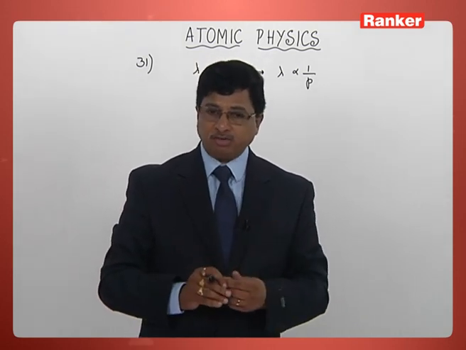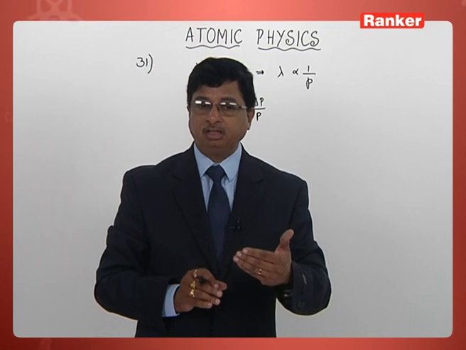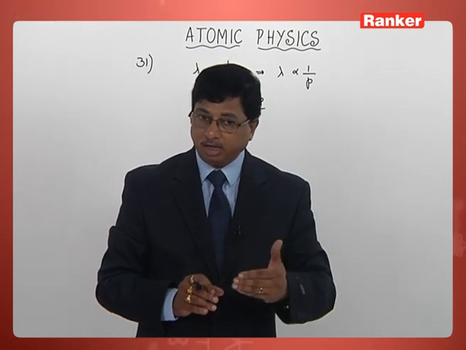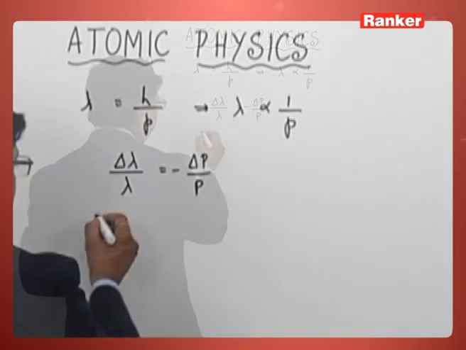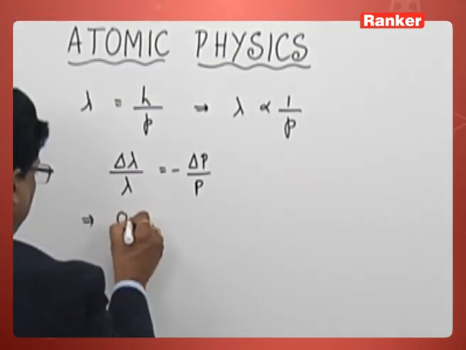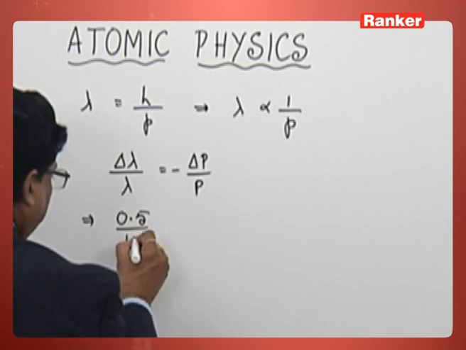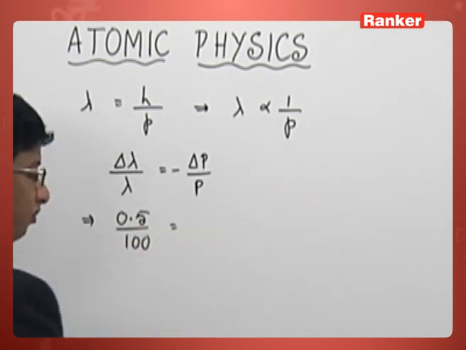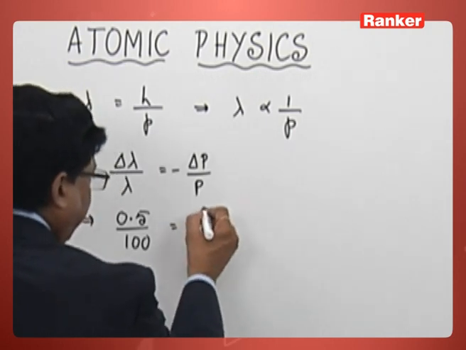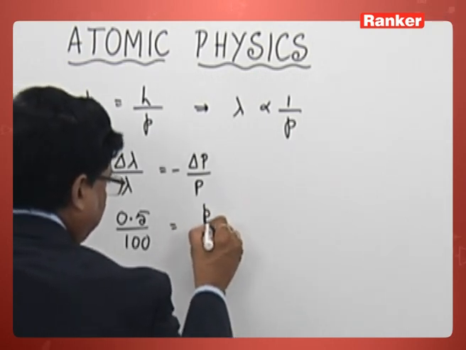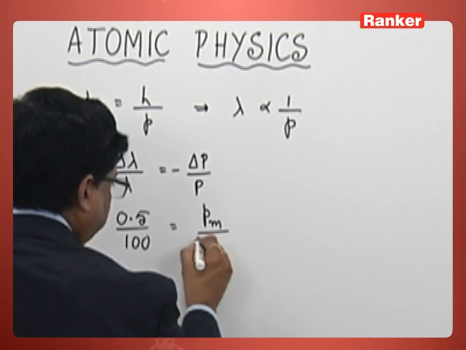So what we should understand is the de Broglie wavelength is changed by 0.5%. So you can directly write this value as 0.5%. That's 0.5 by 100. That now is going to be delta p, that is given as Pm, by p.